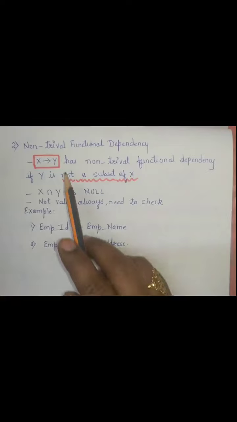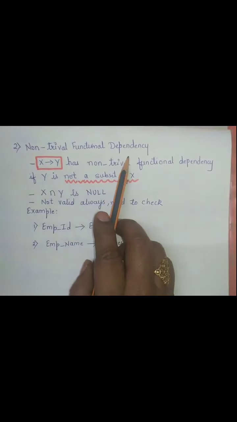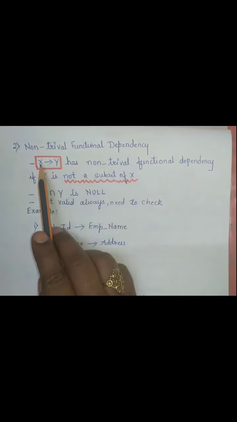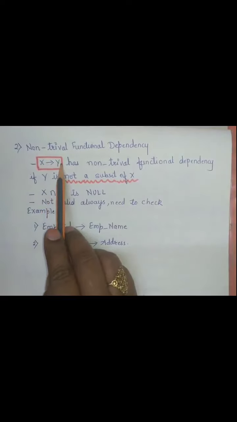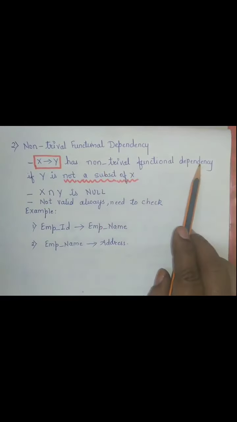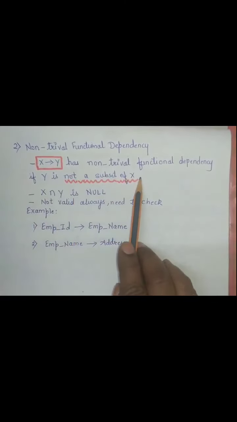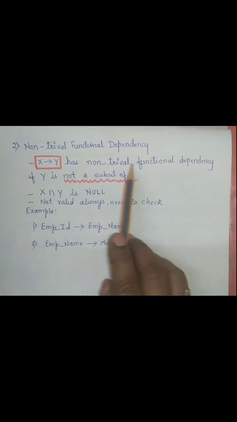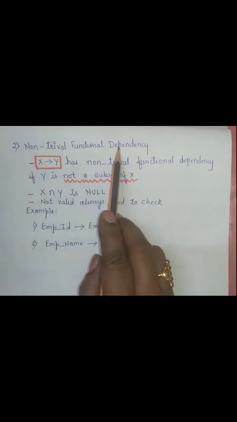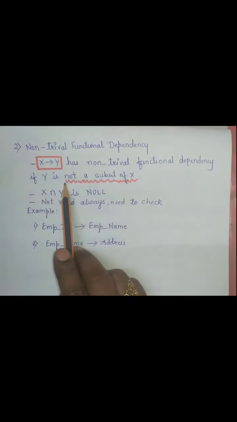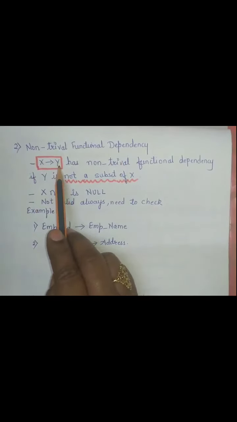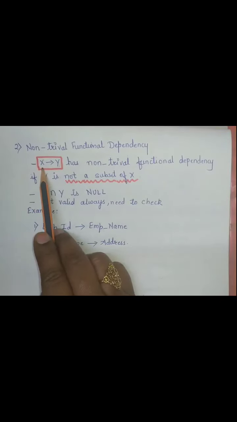Now this is the non-trivial functional dependency. Basically here we say X goes to Y is a non-trivial functional dependency if Y is not a subset of X. So make sure when we talk about non-trivial functional dependency, there is a condition: whatever dependent we are taking must not be a subset of the determinant.